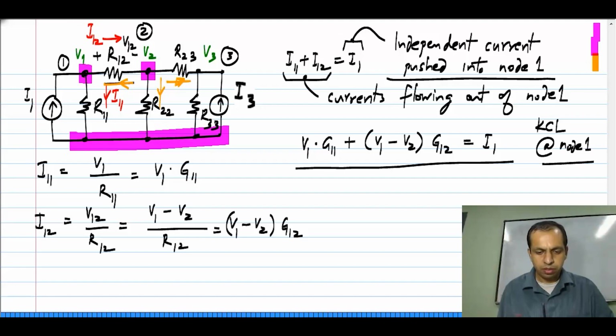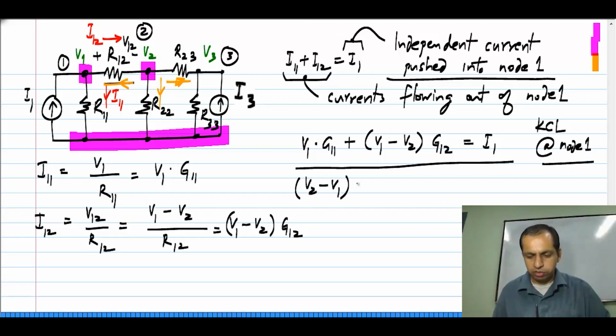Okay. We have only resistors. So, what is the current through R12 in this direction flowing from right to left? It will be V2 minus V1 divided by R12. Okay. V2 minus V1 divided by R12, which of course is V2 minus V1 times G12.